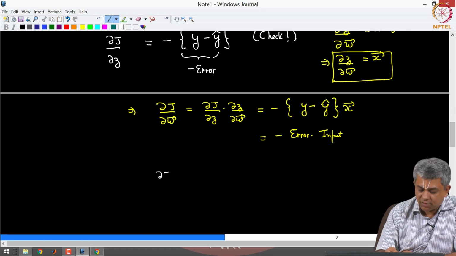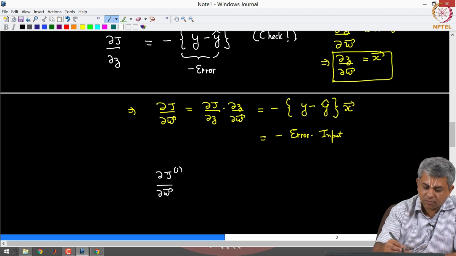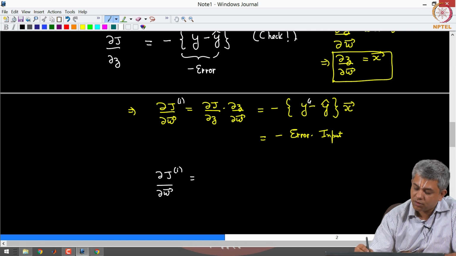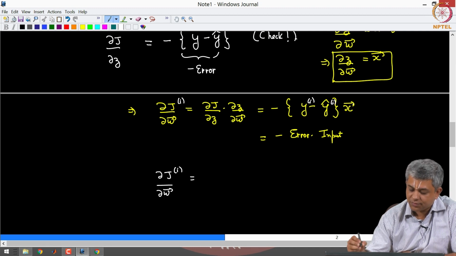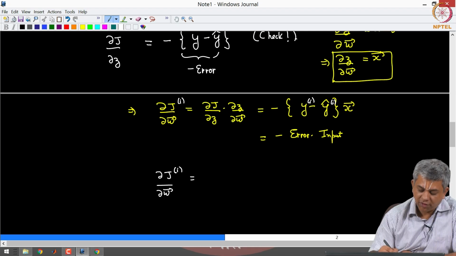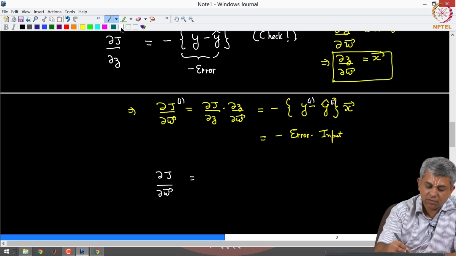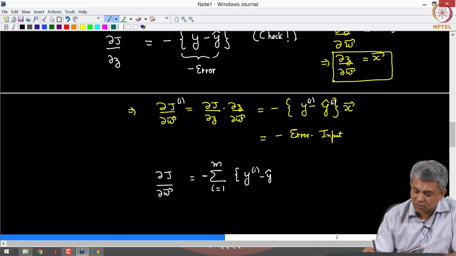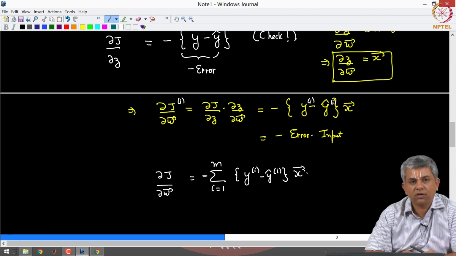First, I will write the general expression. This of course is del J i del w. So, if I look at del J del w, this is going to be the summation from i equal to 1 to m of (y i minus y hat i) multiplied by the x vector.